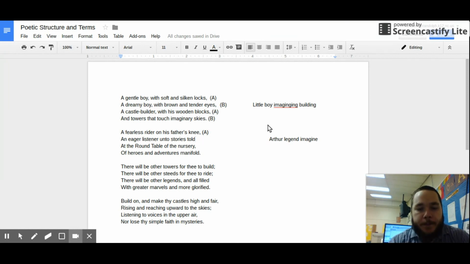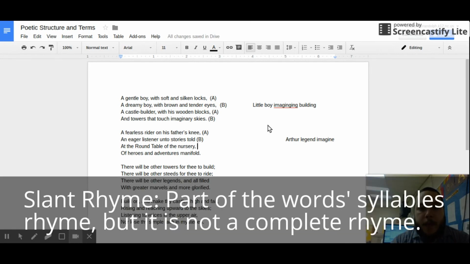So we have told. Told does not rhyme with knee. There's not really a set way to label slant rhyme, but what we see is that part of the word in A, knee, rhymes with the Y in nursery.